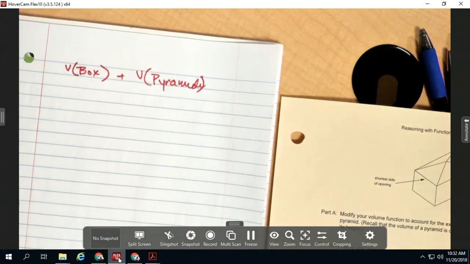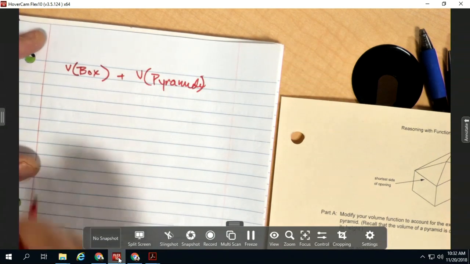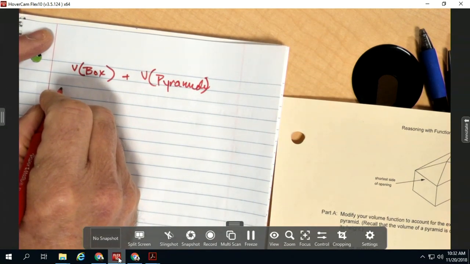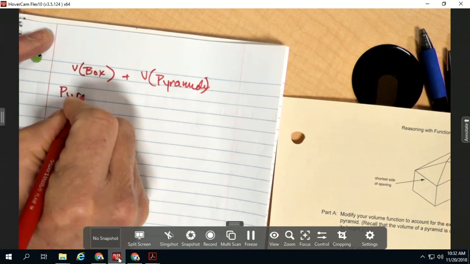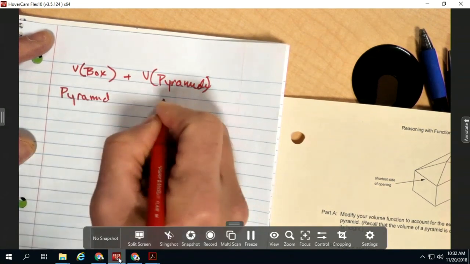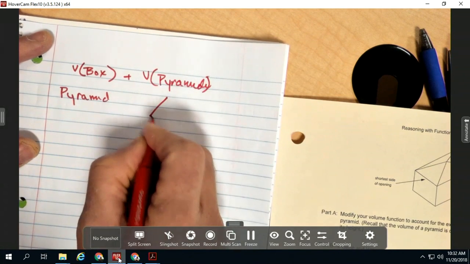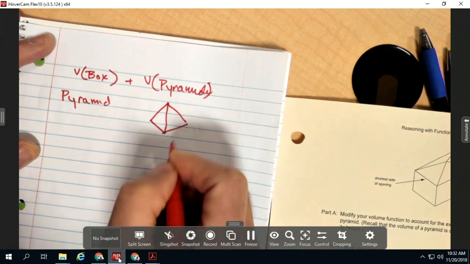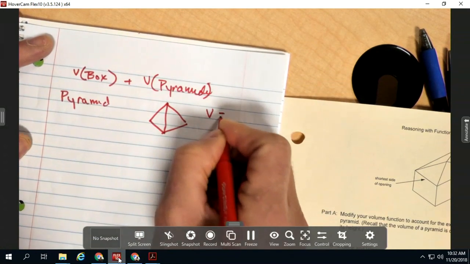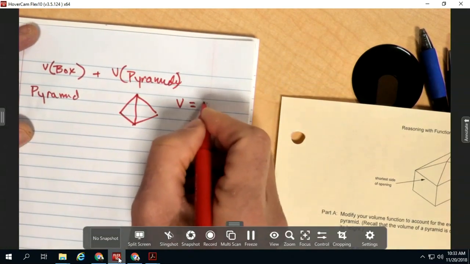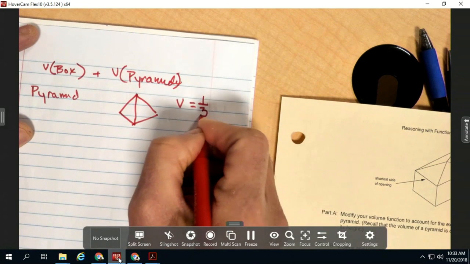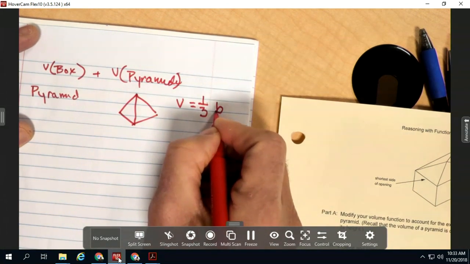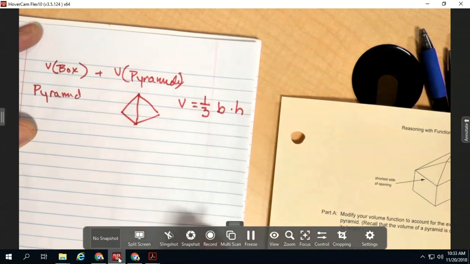Now, in our notes, it doesn't say the volume of a pyramid, so we need to know what that formula is. One-third the area of the base times the height.